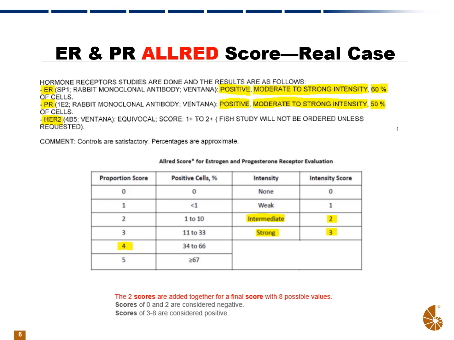The ER, estrogen receptor, using rabbit monoclonal antibody, was positive, moderate to strong intensity. 60% of the cells reacted positively. For PR, progesterone, it was also regarded as positive. It said moderate to strong intensity, 50% of cells were positive.